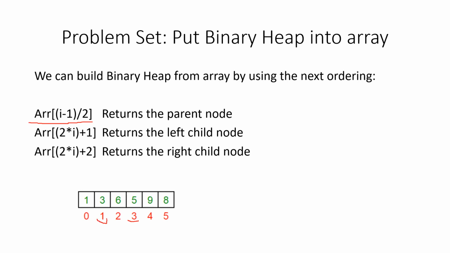And we need to know what is the left child, and what is the right child. We take this 3, put it here, and after that we can know what is the left child, and also here. So guys, please remember this approach to put the binary heap into the array, and you can rebuild your binary heap.